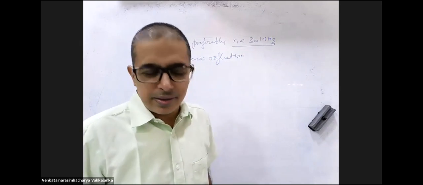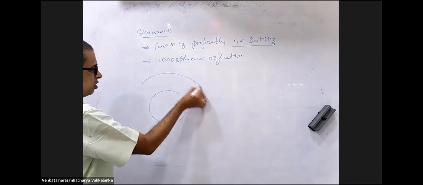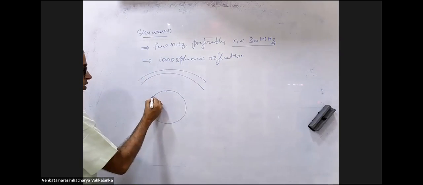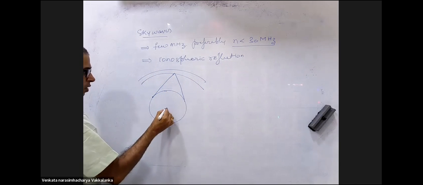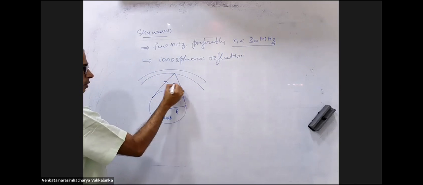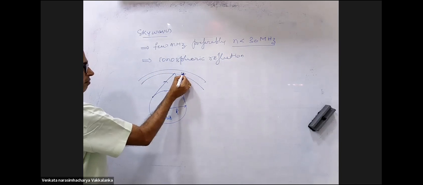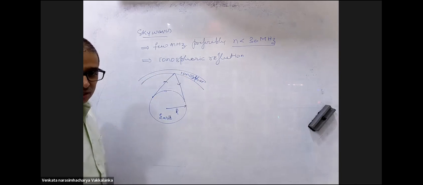Geography में पढ़ा है ना यार. Right? Now here what happens is this is the ionosphere. Signal is sent, total internal reflection happens at the ionosphere, and you receive the signal.